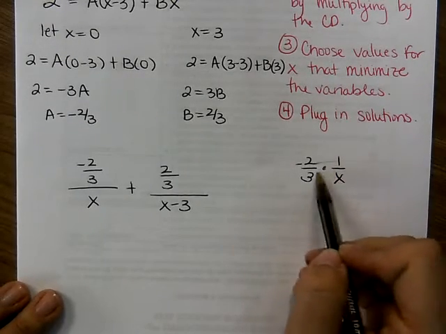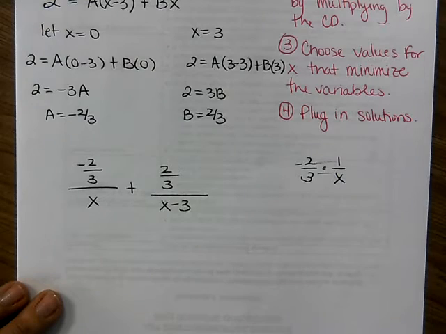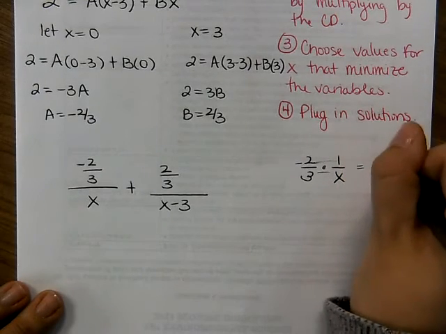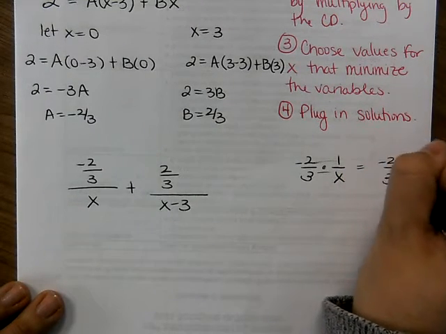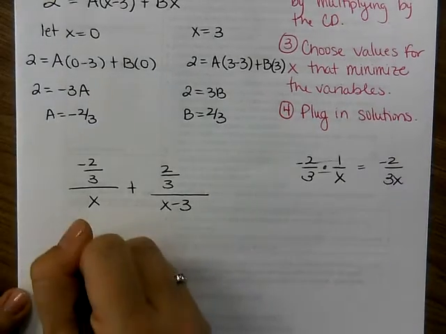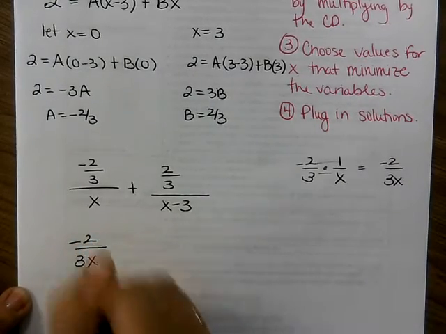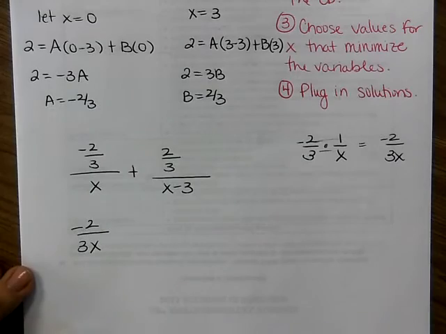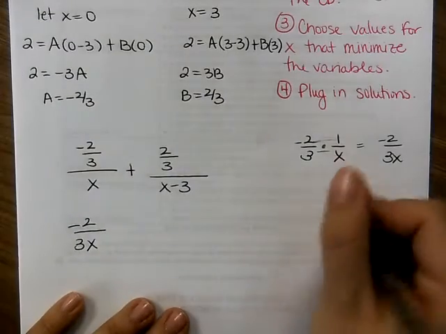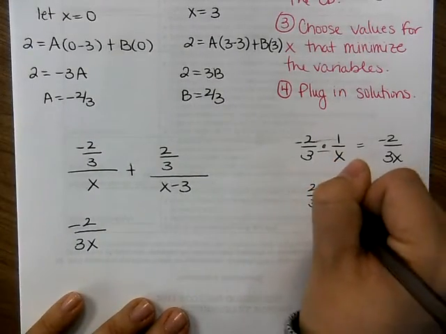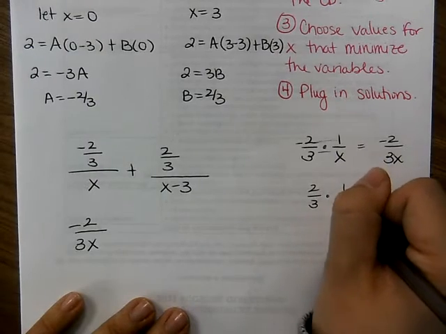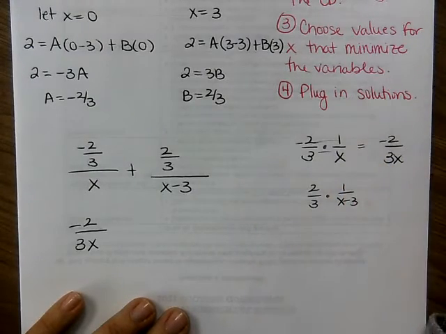Well then, when you multiply fractions, don't you just multiply straight across? So doesn't this equal negative 2 over 3x? And that is what this is equal to in its simplified version. Same idea here. If I split this into its two pieces, I would have 2/3 times 1 over x minus 3.